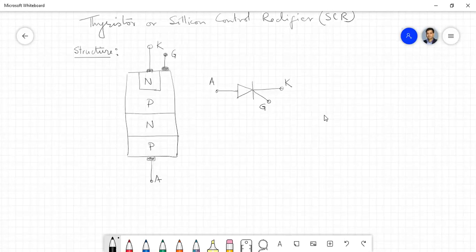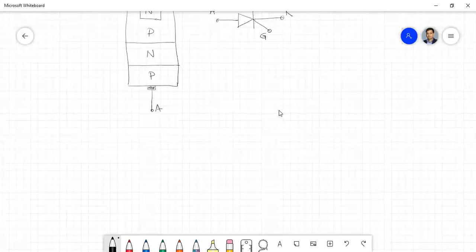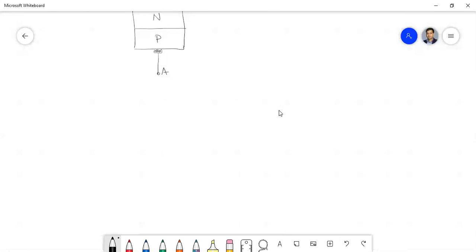Now we'll discuss the different biasing situations of the thyristor. There can be two biasing situations: one is the anode positive with respect to cathode, or the anode negative with respect to cathode.